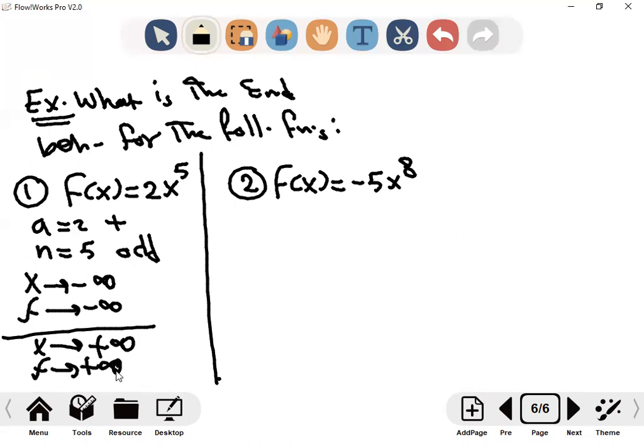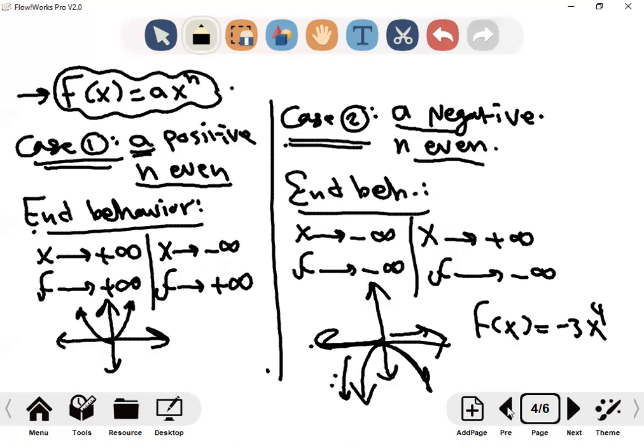The second question here, f of x equals negative 5x power 8. A is what? A is negative 5, which is negative. And n is how much? 8, which is even. Now I'll search for this case in my 4 cases. A is negative and n is even. Which case? Case 2. A is negative and n is even.